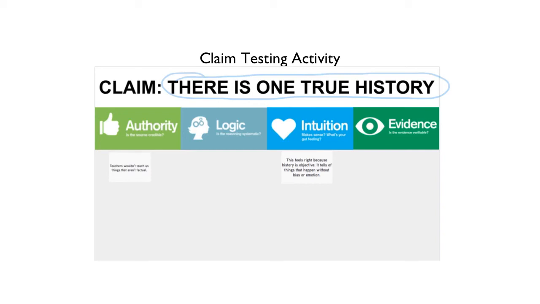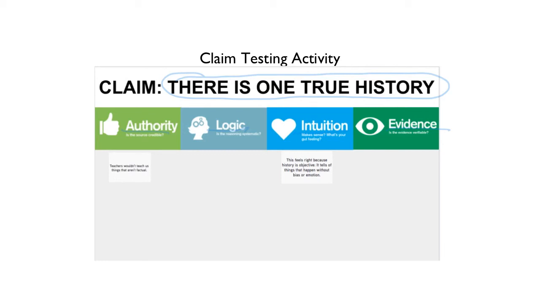Around the sides of your slide, you'll see little text boxes with sentences in them. I've moved two of them onto the slide for us to do together as an example of what I want you to do. You're going to read the sentence and place it under the claim tester that it fits with best. And I've given you some little graphics and also some questions to consider while you're reading these sentences.